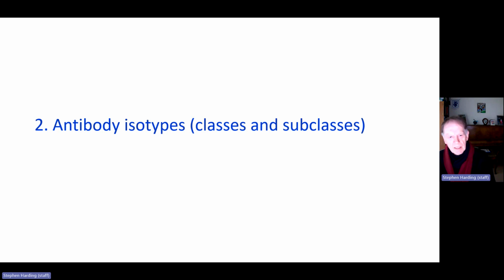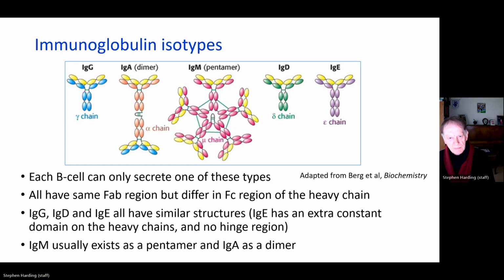Right, next, antibody isotypes, classes and subclasses. So these are the different immunoglobulin antibody isotypes or classes.